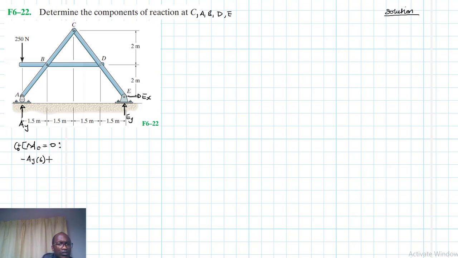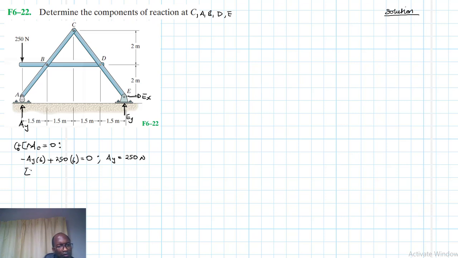And then we have plus that force 250 newtons times 6 also, right? It's in the same line about this point. Equal to 0, and therefore AY is going to be equal to 250 newtons, because 6 and 6 will cancel.